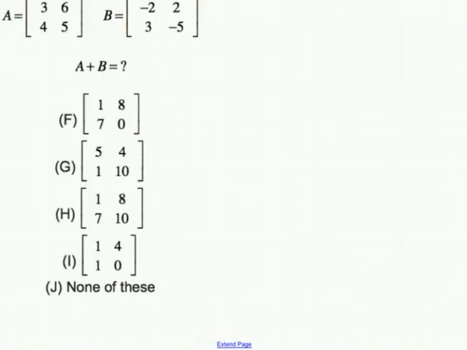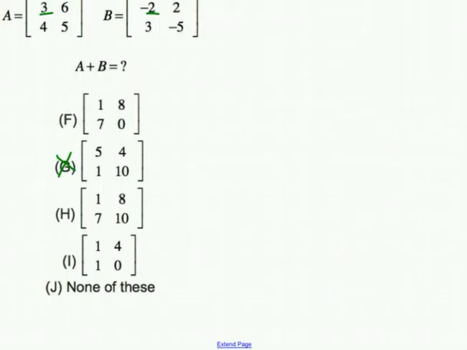All right, matrices. A lot of you have not seen these before. Usually on the ACT, they don't ask anything any more difficult than adding, subtracting, or multiplying scalar-wise, which is what we're going to see here. So all you do is add by position. 3 plus a negative 2 is 1, so automatically G is tossed.